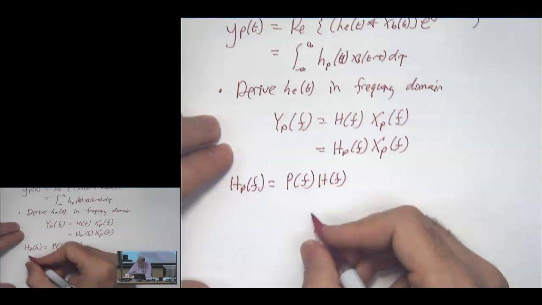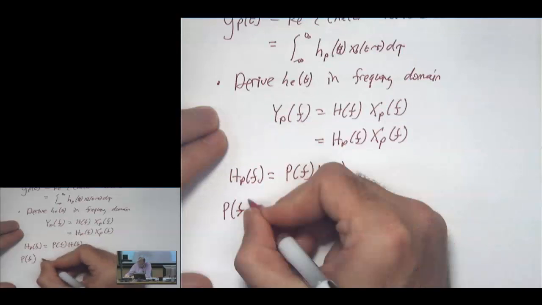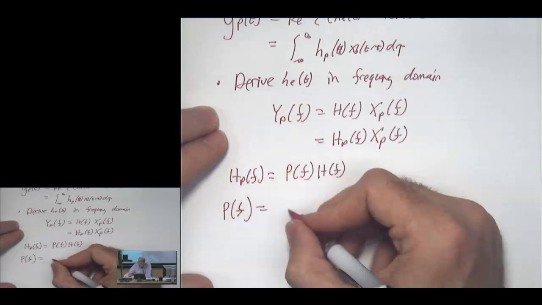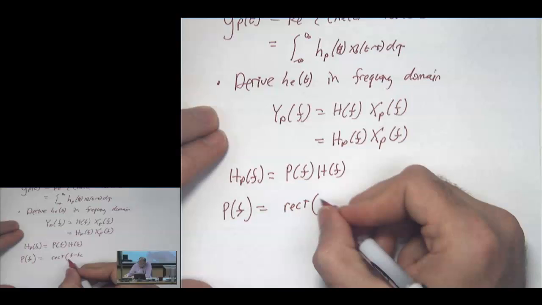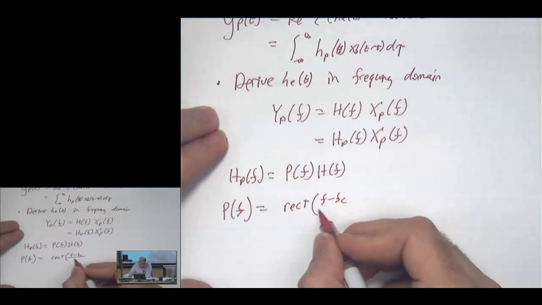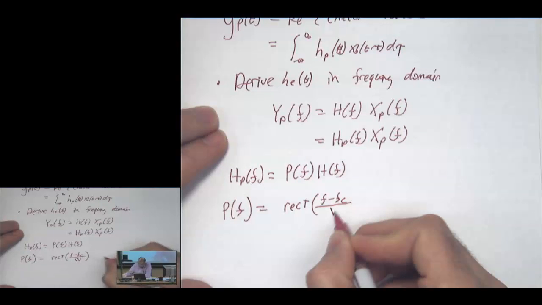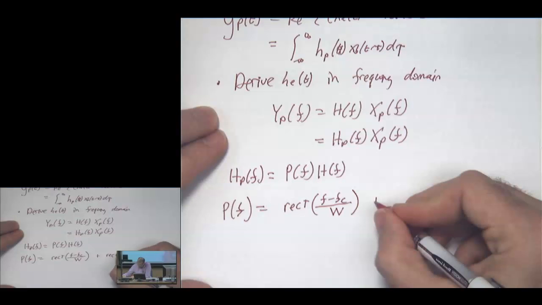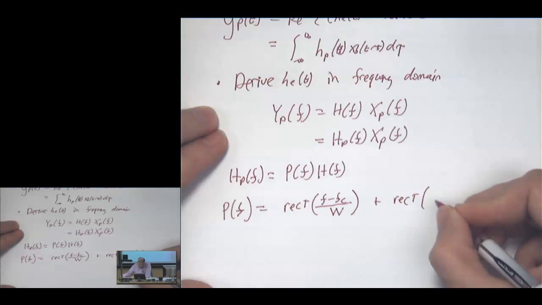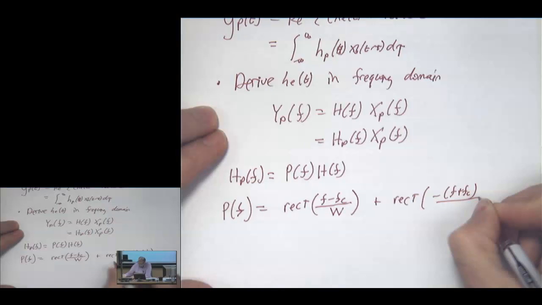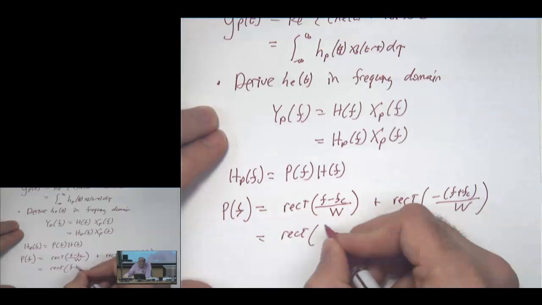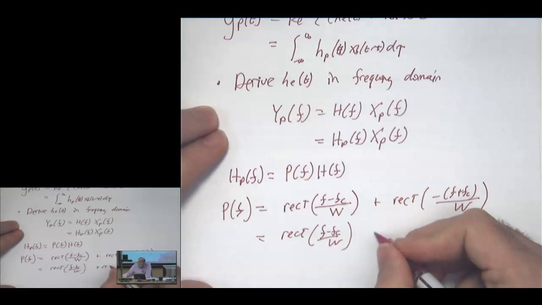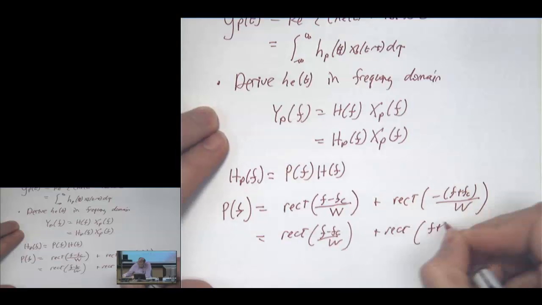This passband filter is going to be equivalent to a rectangle function shifted by this carrier, scaled by the bandwidth of our signal, plus the mirror image of that, rect of minus f plus f sub c over w. Because of the symmetry of the rect function, you can equivalently write that as the rect of f minus f sub c over w plus the rect of f plus f sub c over w.